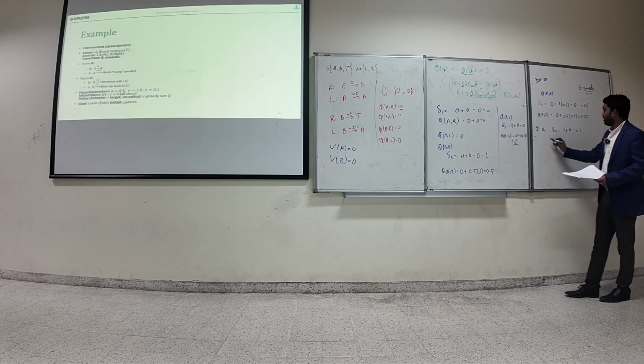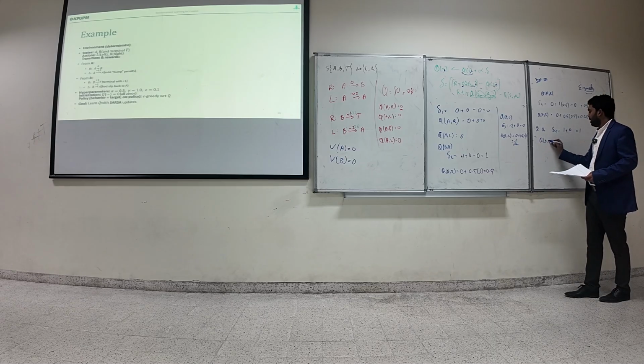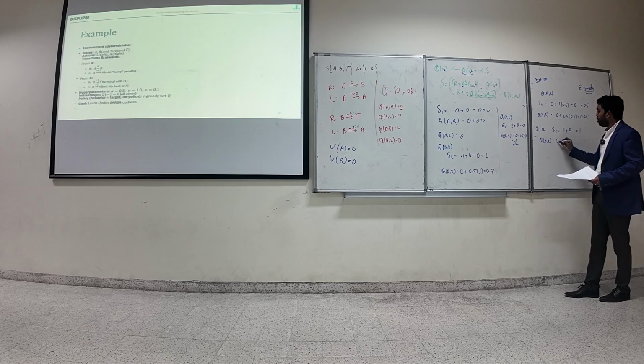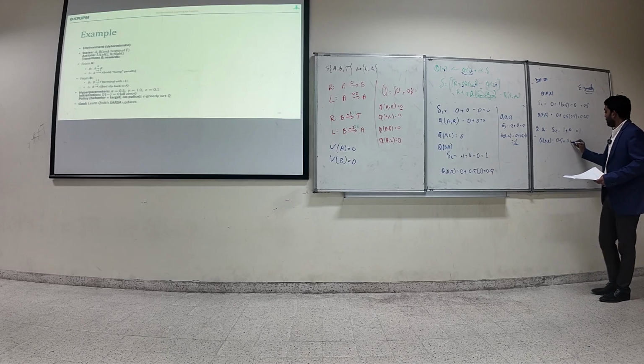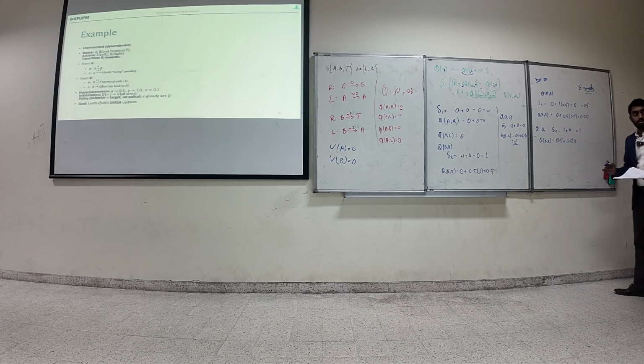So this is 1. So your updated Q(B,R) would be the old one plus learning rate times the new one. It would be 0.5 plus 0.5, 1. So your Q(B,R) is 1 now, after the second iteration. Clear up until this point?